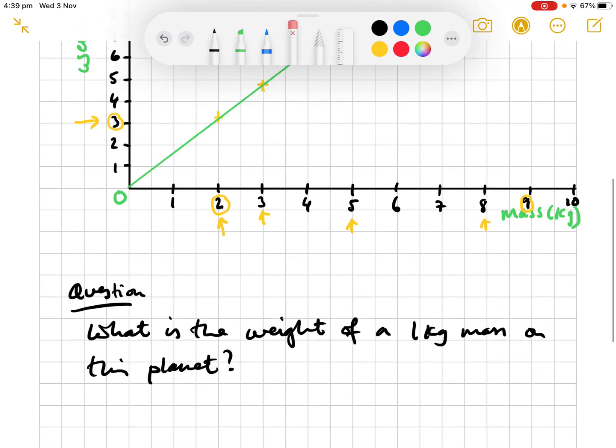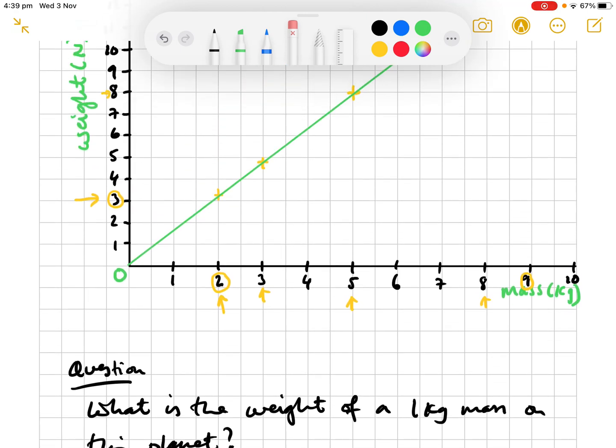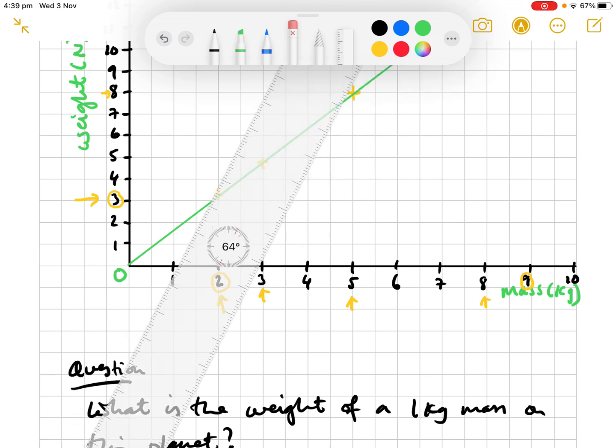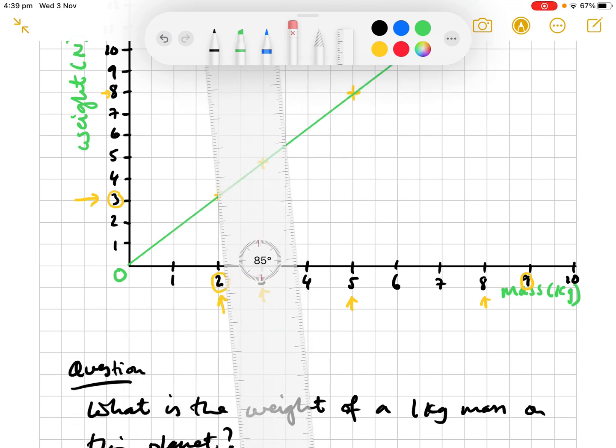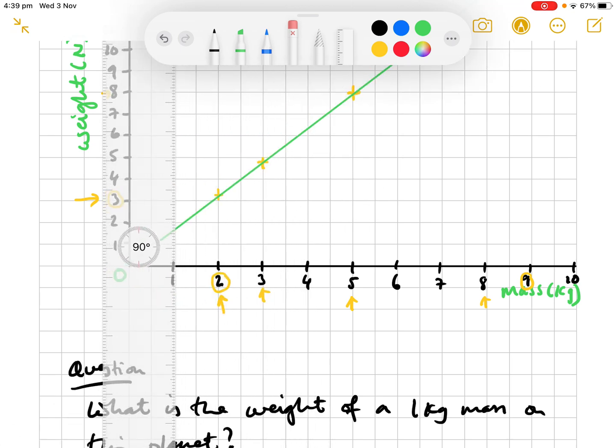Well, to answer this, again, you should take your ruler and you want to know the weight of a 1 kilogram mass. So you go to the 1 kilogram part of your axis, there it is there, and then you draw a dotted line. This should be done with a pencil.